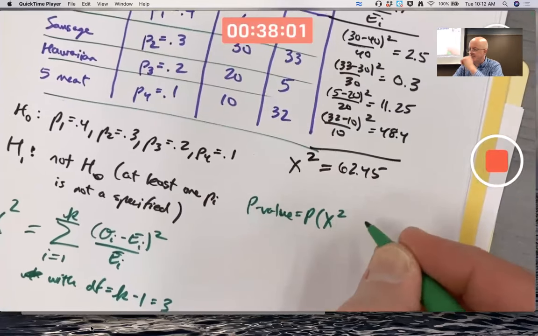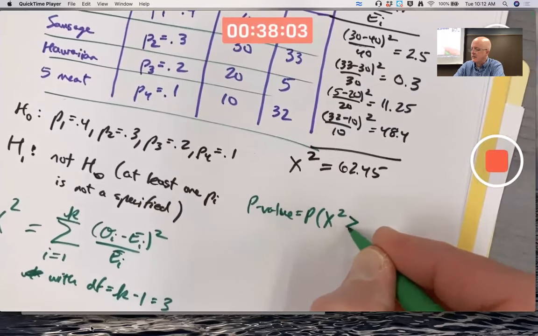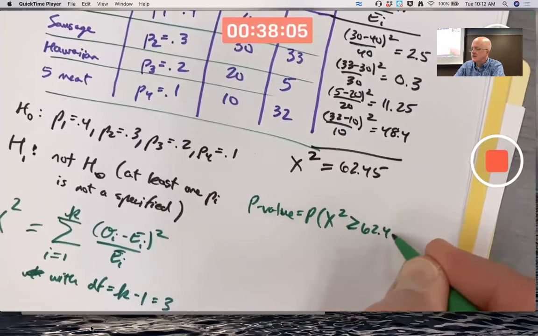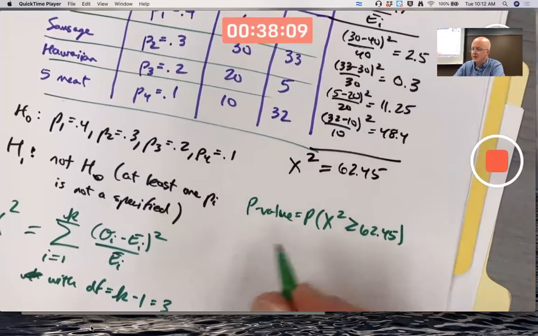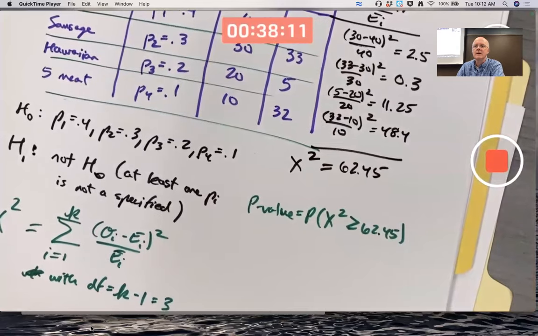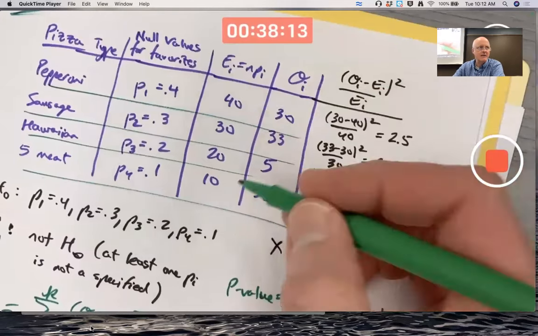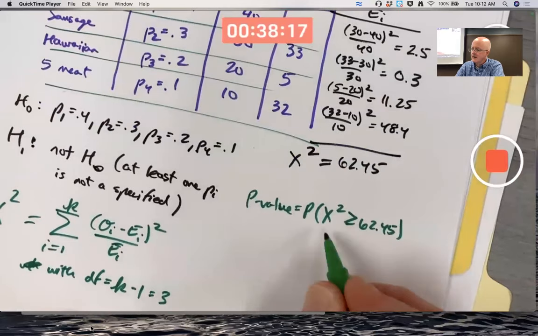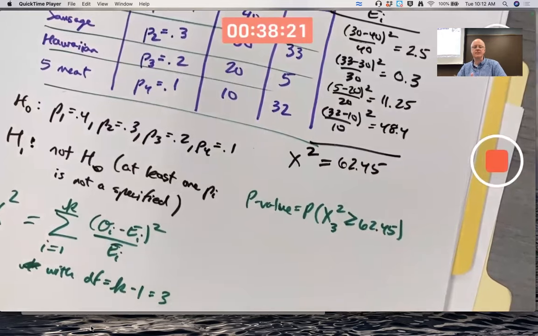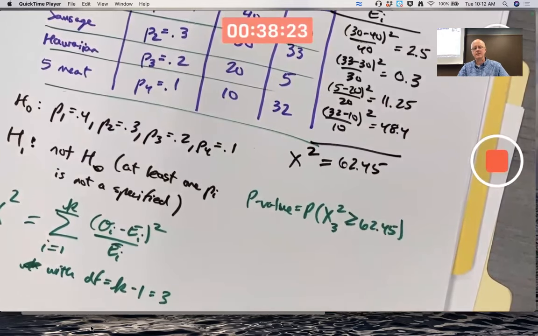In this case, that means chi-squared greater than or equal to 62.45, assuming the null is true, which you don't have to write in the notation. I'm implicitly assuming the null is true by computing these expected values as part of the calculation. And how many degrees of freedom is it? It's 3 degrees of freedom. So you could put a subscript of a 3 there. That subscript means the degrees of freedom. It does not mean an area to the right of something.